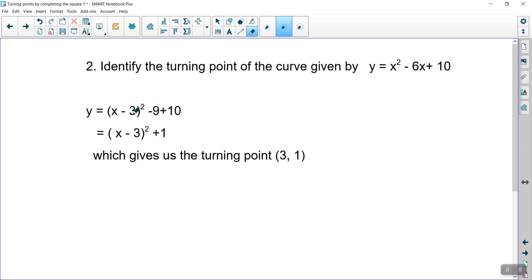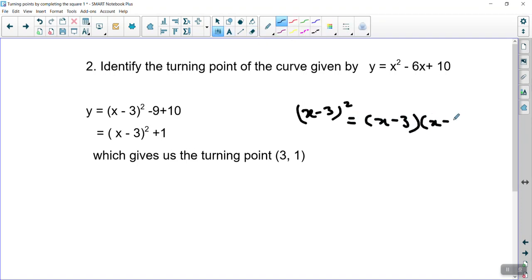Whether it was positive or negative, we are always going to subtract, because as you would see here, even if I do x minus 3 whole squared, it would still give me, rewrite the brackets, x minus 3, x minus 3, which if you open the bracket, it would give you x squared minus 3x, and then you would have another minus 3x.